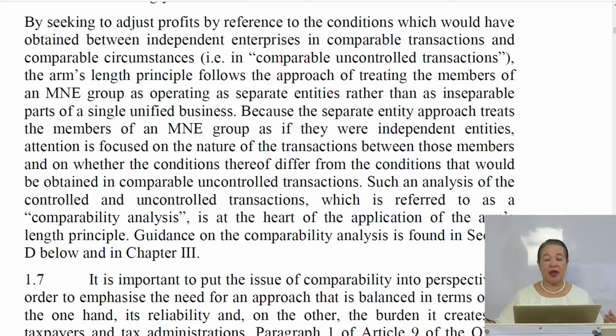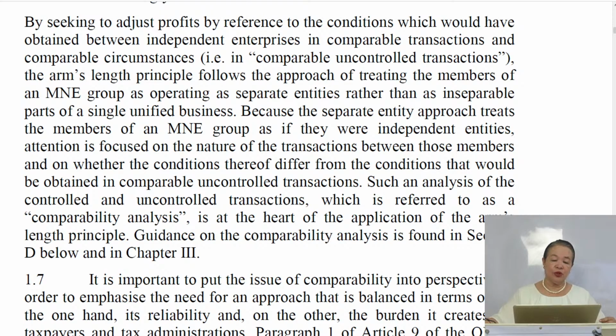They will be deprived of their share of the taxes that should be paid to them. So because the separate entity approach treats the members of an MNE group as if they were independent entities, as if only, because in truth and in fact they are not independent.